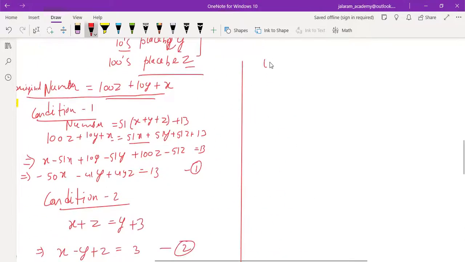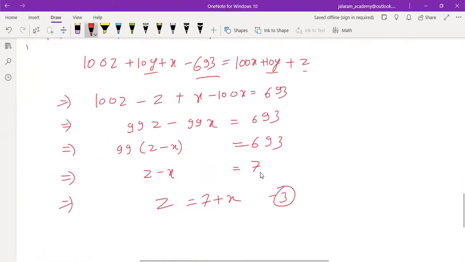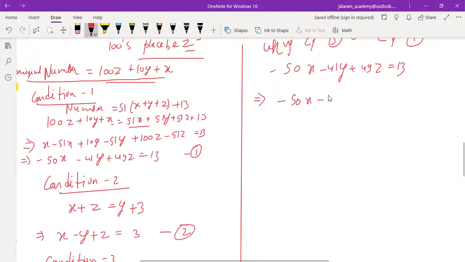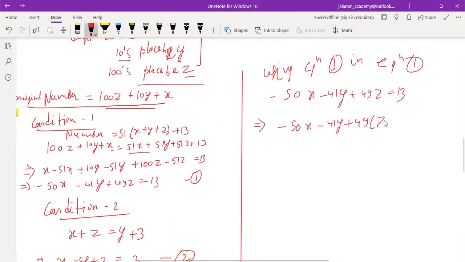So using equation 3 in equation 1, which is minus 50x minus 41y plus 49z equals 13. It implies z equals 7 plus x. So minus 50x minus 41y plus 49 into (7 plus x) equals 13.